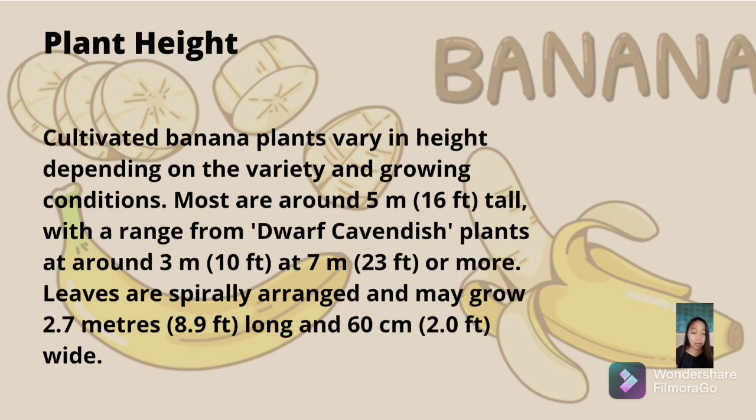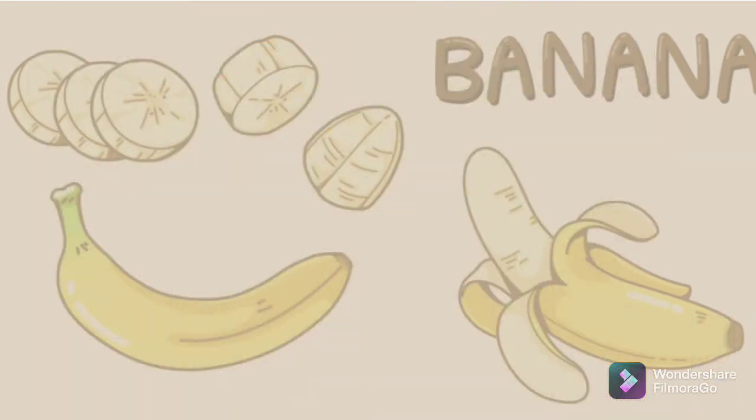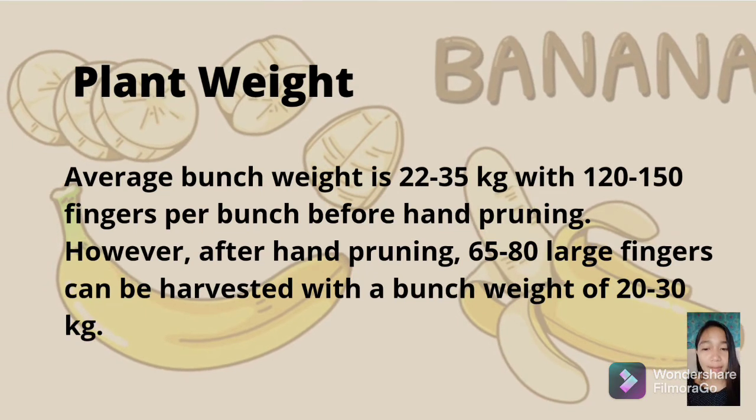The leaves are spirally arranged and can reach a length of 2.5 meters or 8.9 feet and a width of 60 centimeters or 2.0 feet. Plant height of banana. Next, let's talk about the plant weight of banana.